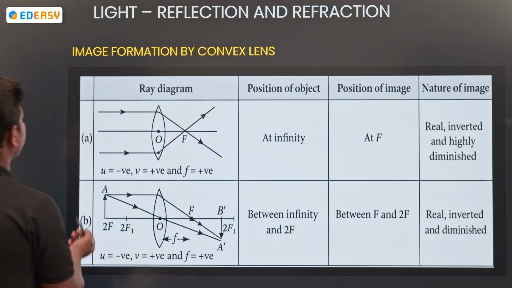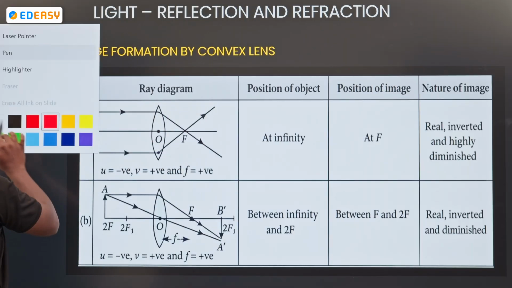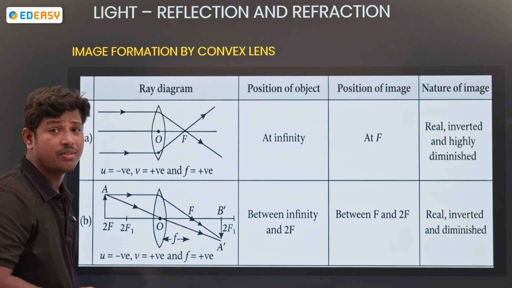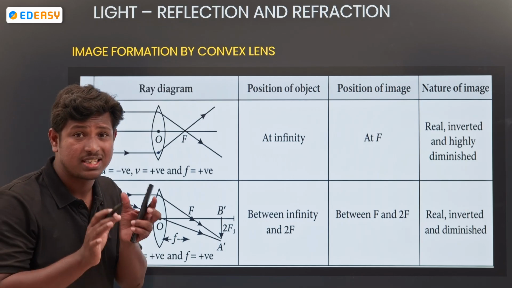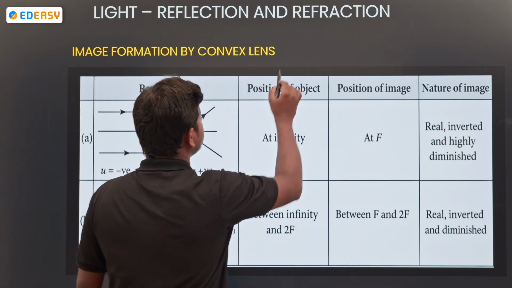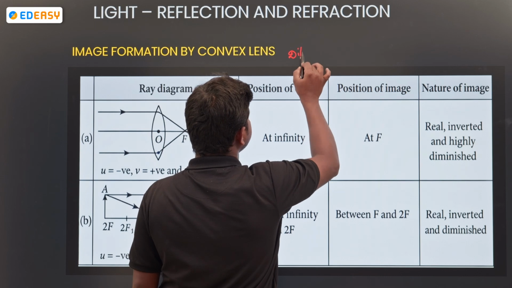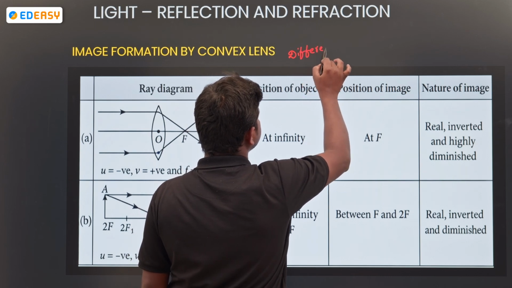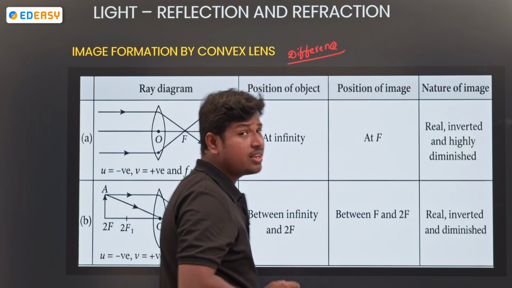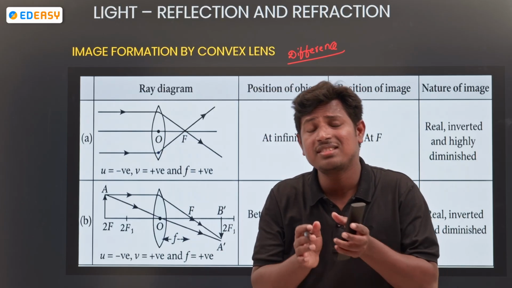You have to identify where the object is and where the image forms. To identify the differences between lens and mirror, focus on only one thing: the object position and the image position.